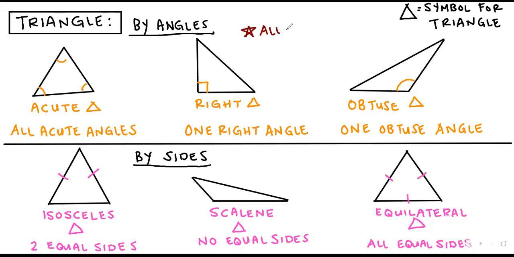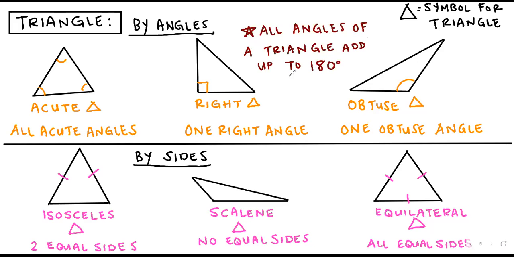All angles of a triangle add up to 180 degrees. So if you get the 3 angles of a triangle, they will always, always, always add up to 180 degrees.